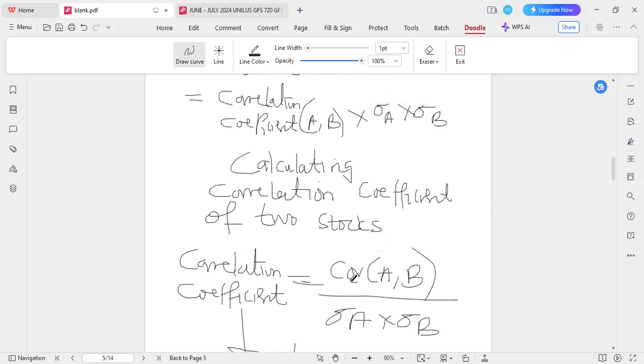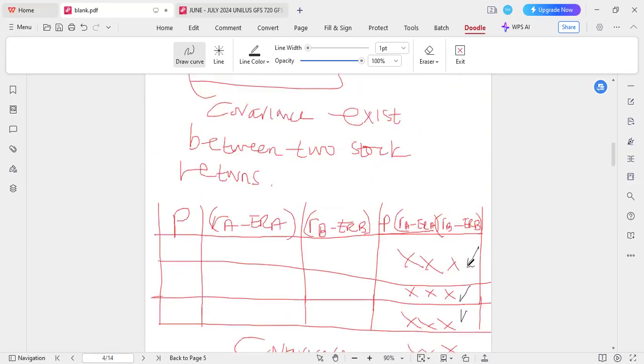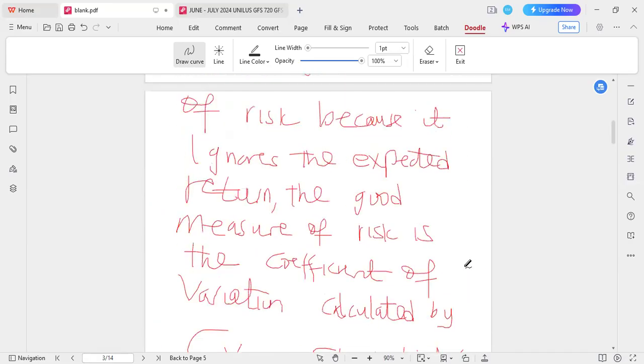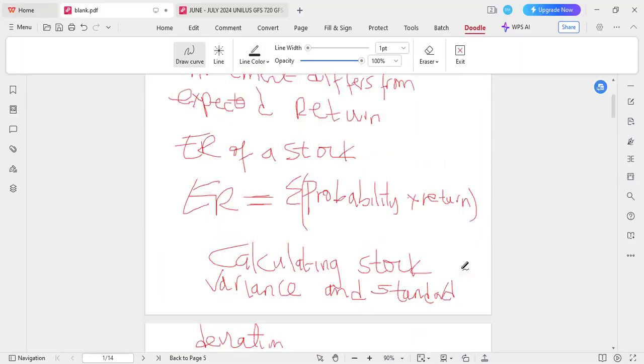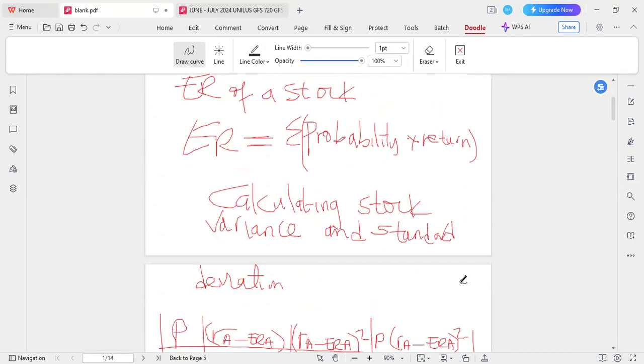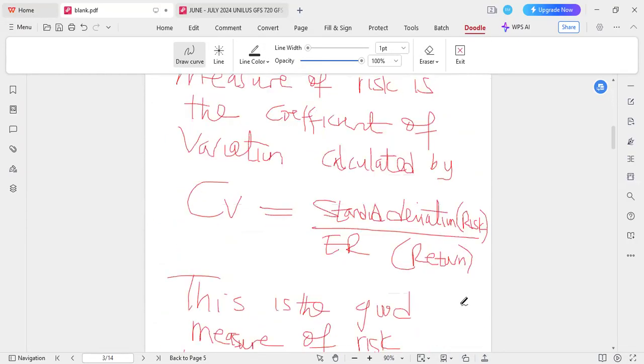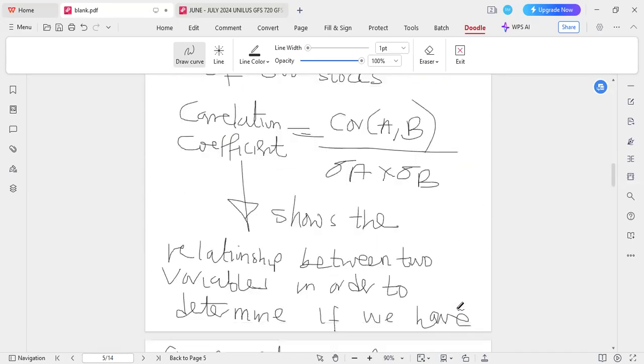All right, so this is about what we have concerning the risk and return.